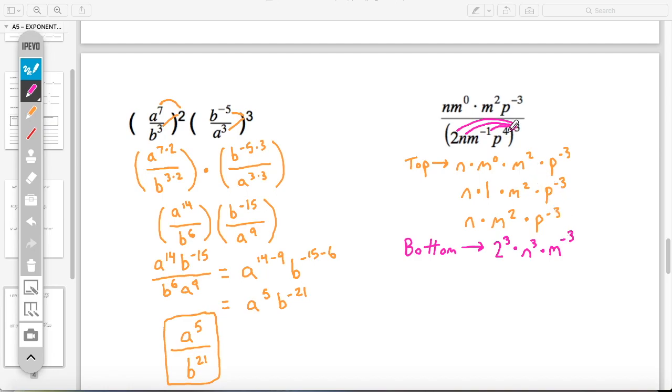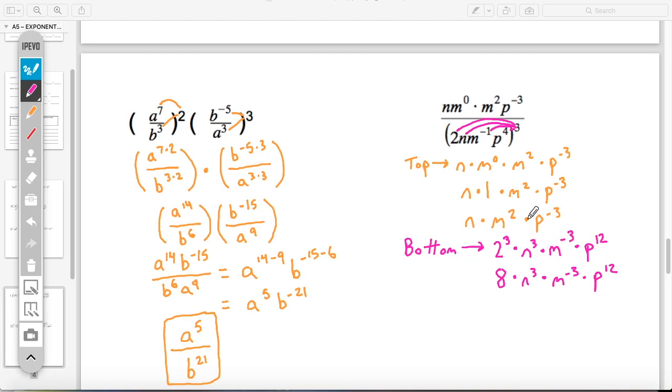And then I have p to the 4th power to the 3rd power, all to the 3rd power. So 4 times 3 is p to the 12th. Okay? So what I'll do here is just simplify. 2 to the 3rd power, that's 8. And then I have times n cubed times m to the negative 3 times p to the 12th.